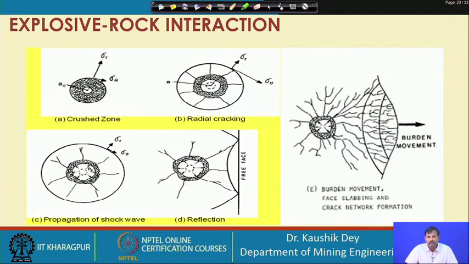But this is not giving us the understanding about bench blasting, where we have two free faces, one on the surface side, one on the front side, and we are also not able to understand how we can utilize the time gap between the shock energy and the gaseous products generated. Between this time gap, how we can utilize it to obtain better results in blasting.